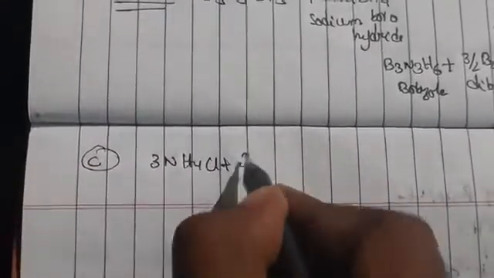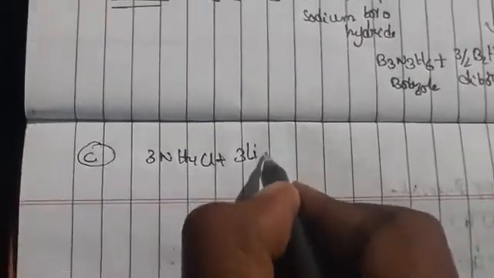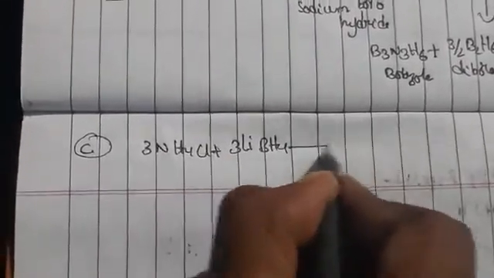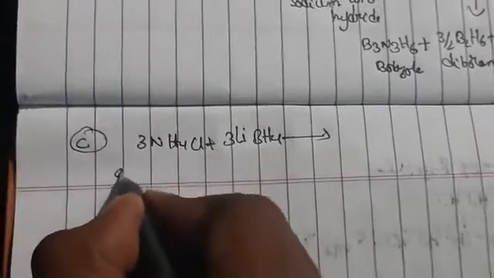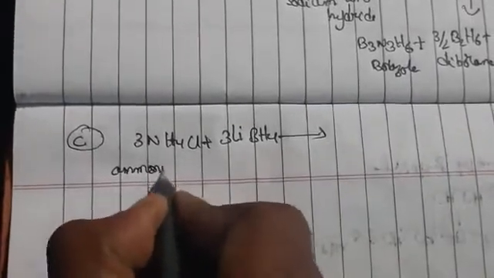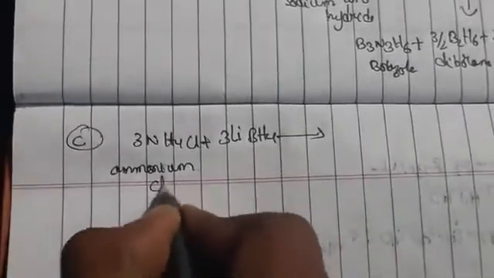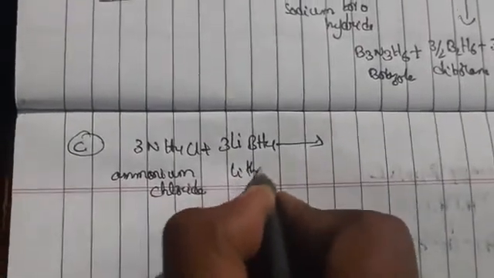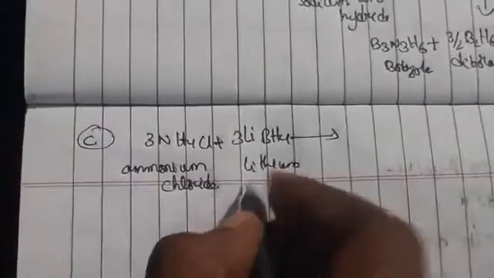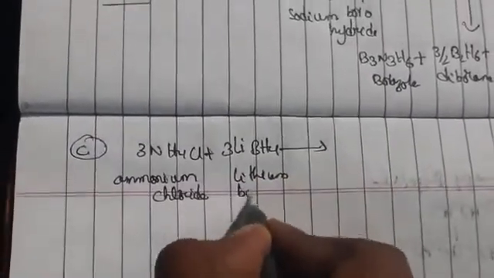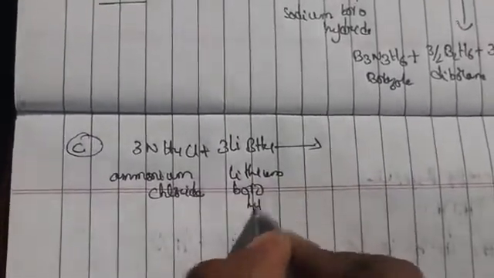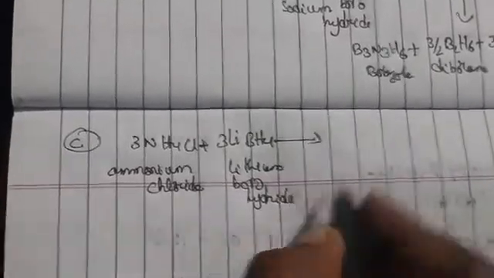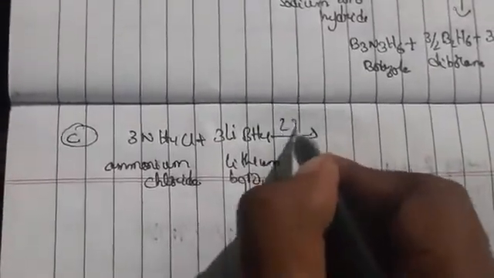So this is ammonium chloride, next one lithium borohydride, which is undergoing reduction at 230 degrees centigrade.